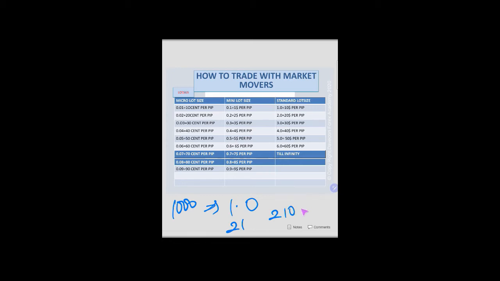Now, if you're making $210 on top of $1,000, you're making $1,210. So this becomes your new equity. That's the new money you have in your account to trade with. Now, if it goes against you and you lose $210, you're going to be having $790 as balance.